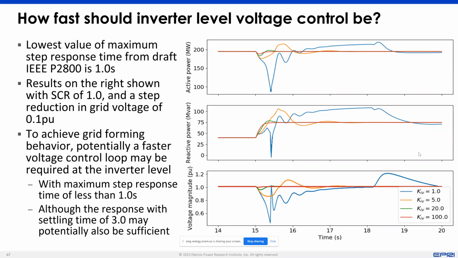So as we were saying, you need to first prop up the voltage, you need to help support the voltage. You can't feed megawatts into an unhealthy voltage. So how fast should the voltage control be, coming back to what we discussed earlier?